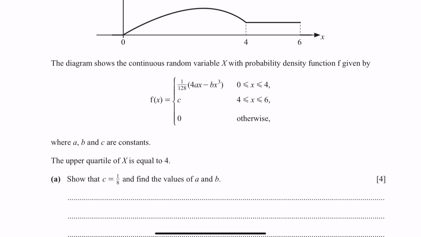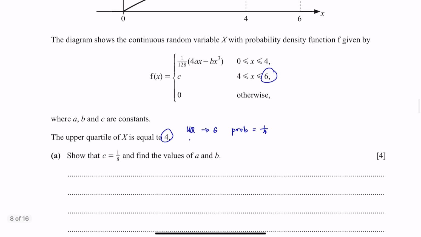That means the probability from the upper quartile to the last number, which is 6 over here, would be 1 over 4. So when they mention that the upper quartile is equal to 4, that means the probability from 4 to 6 would be 1 over 4.